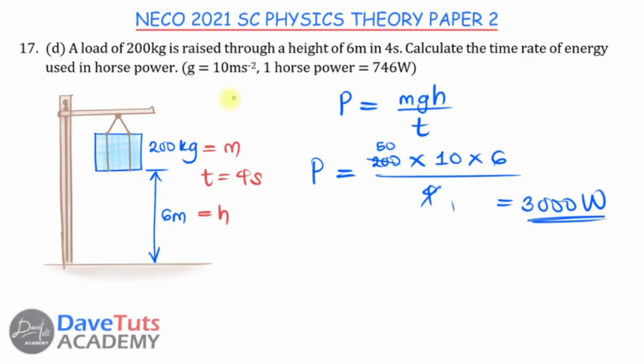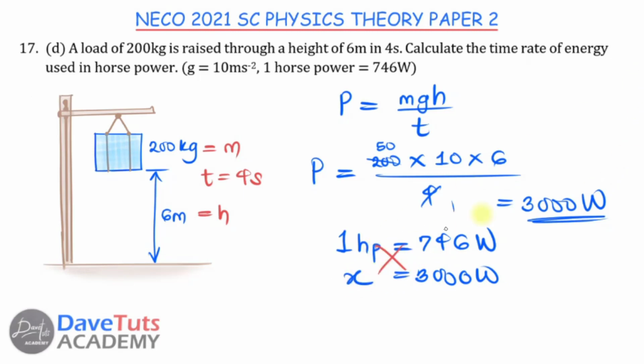But now look at what we are given. We are being asked to find it in horsepower. We are given that 1 horsepower is equal to 746 watts, but now we have 3000 watts, and we are looking for the equivalent amount of horsepower. We can call that x, and if we cross multiply, x will be 3000 divided by 746.